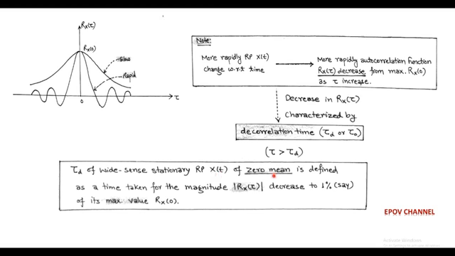So on the magnitude curve of the autocorrelation function, decorrelation time tau d is defined as a decrease in magnitude of the autocorrelation function by 1% of its maximum value. Here 1% of magnitude is an assumed value.